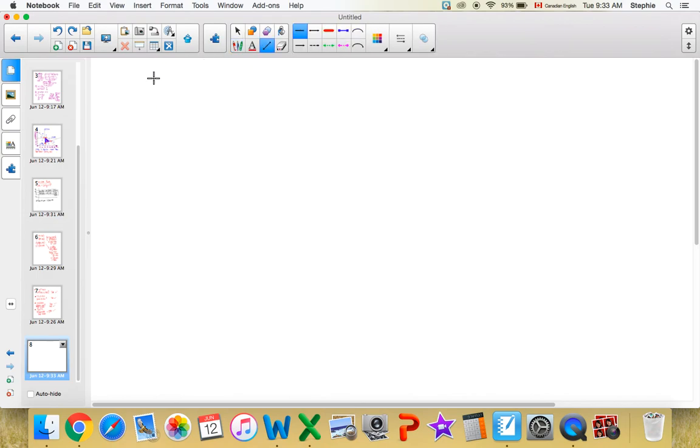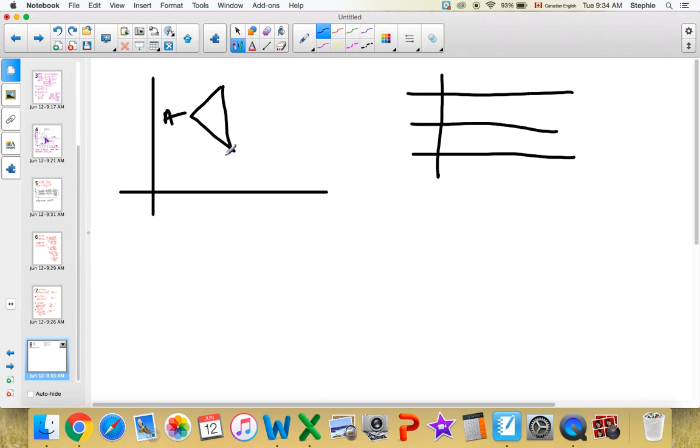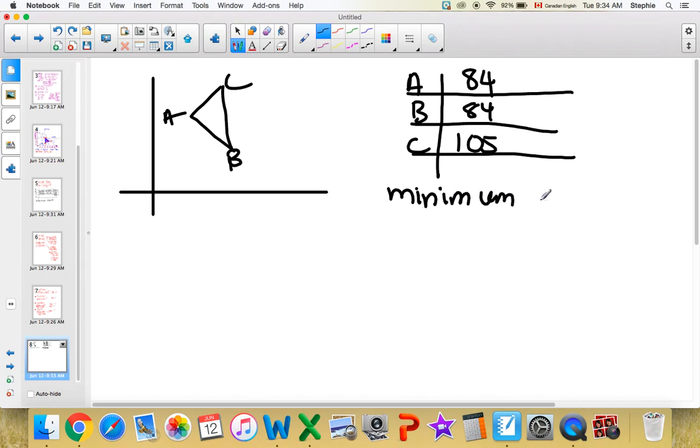They have questions where they already draw a polygon and they have some sort of shape like this, and then they have a table of values on the side or an optimization table, and they have something like A, and they give you the maximum profit 84, B 84, and then they have C as, I don't know, 105, or let's say it's the minimum profit. So minimum profit, and then they ask you how many solutions.